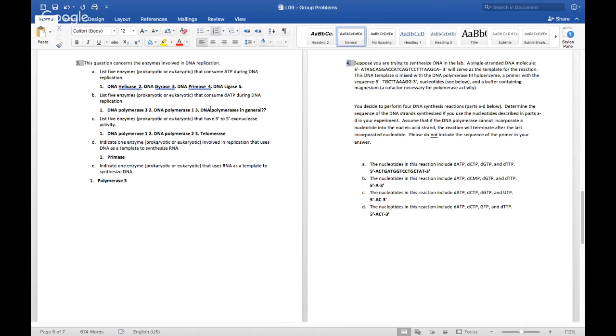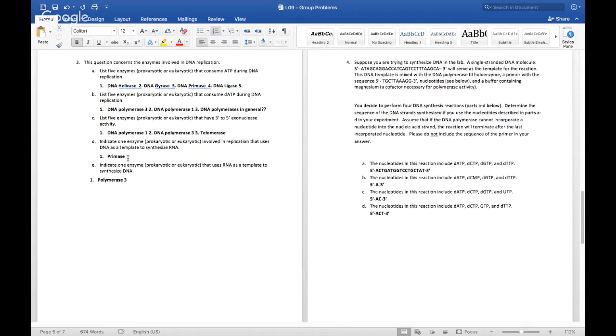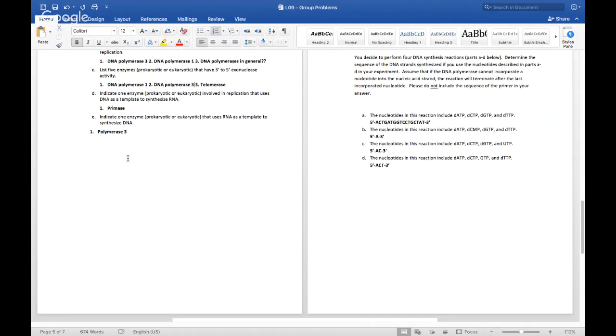Enzymes that have a 3' to 5' exonuclease activity would be DNA polymerase 3, DNA polymerase 1, and telomerase. An enzyme involved in replication that uses DNA as a template to synthesize RNA would be primase. We know that is its function. One enzyme that uses RNA as a template to synthesize DNA would be DNA polymerase 3.